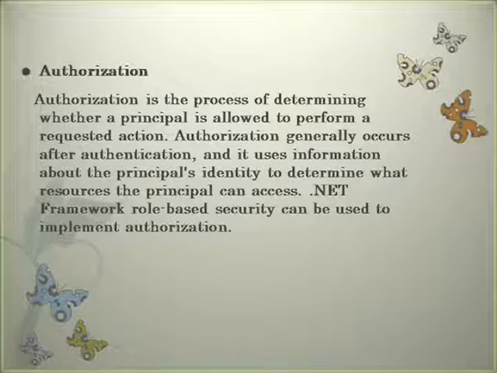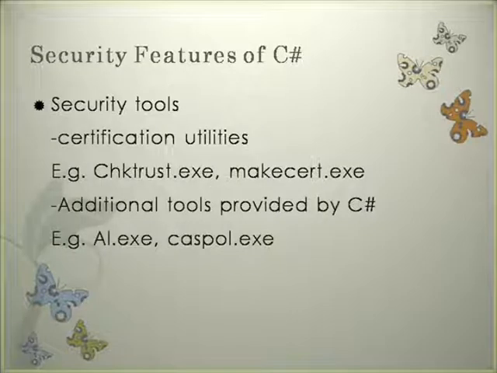Authorization generally occurs after authentication, and it uses information about the principal's identity to determine what resources the principal can access. .NET Framework role-based security can be used to implement authorization. Apart from that, there are many specifications and additional security tools.